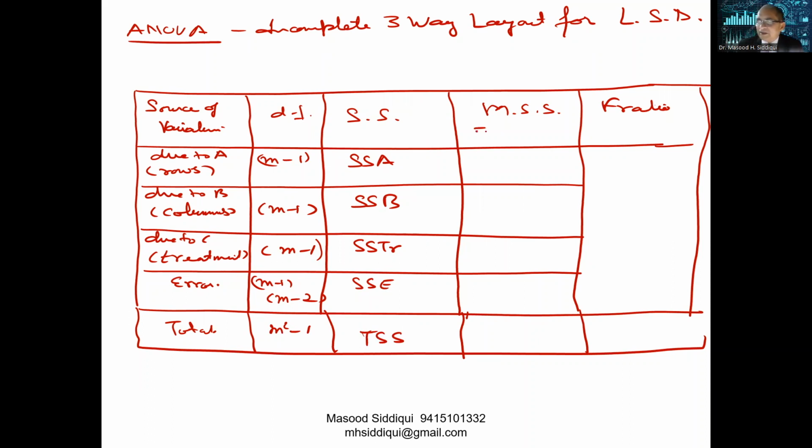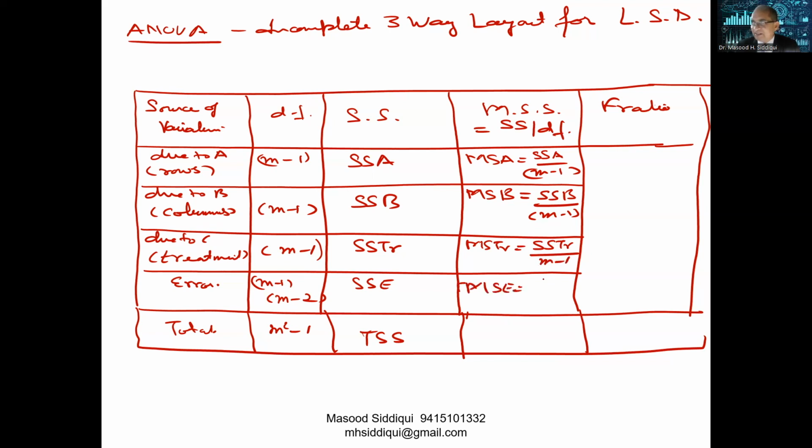And the mean sum of squares is always the sum of squares divided by the corresponding degrees of freedom. So this is MSA, that is SSA divided by m minus 1. The next one is MSB, that is SSB divided by m minus 1. Then we have MSTR or MSC, that is SSTR upon m minus 1. The last one is the error, MSE, that is SSE upon m minus 1 into m minus 2.